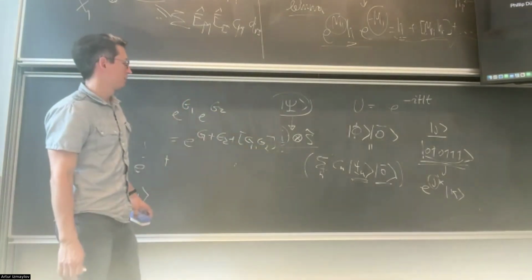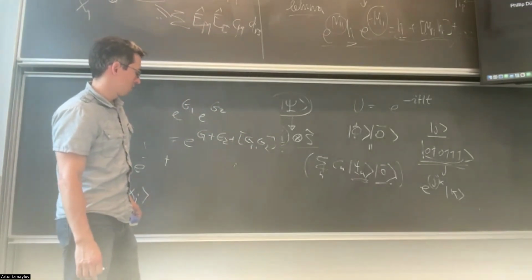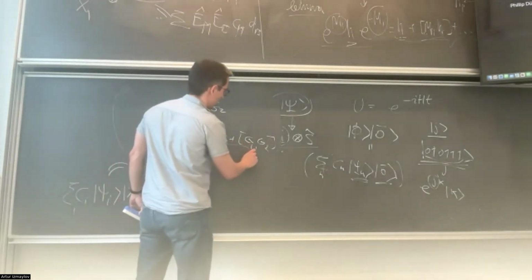So whenever g1 and g2 don't commute, we cannot say that the exponential of a sum is equal to the product of exponentials.